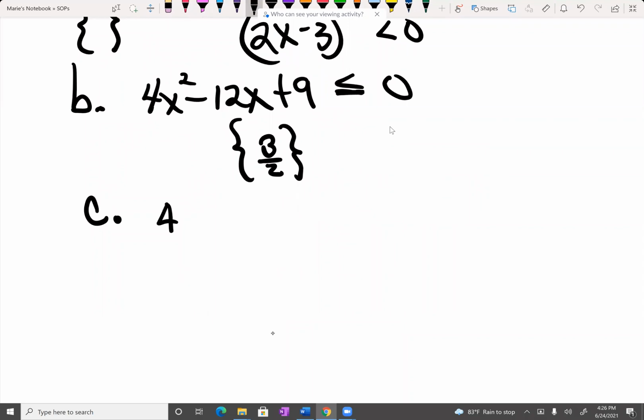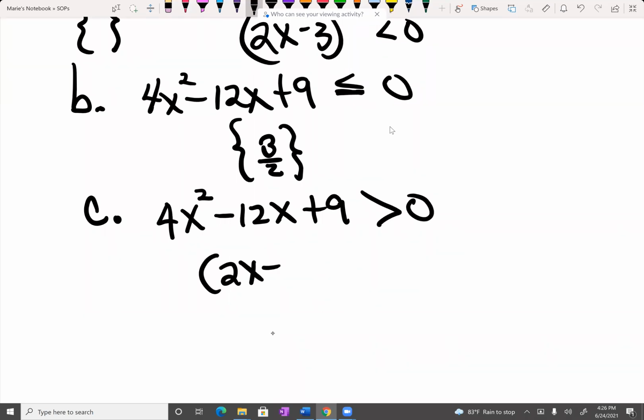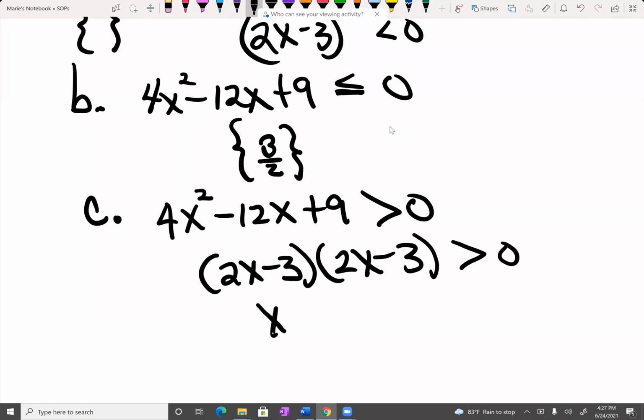Now look at this next one. It's the same function. You have 4x squared minus 12x plus 9, but this time these values are greater than 0. And so if I have 2x minus 3 squared, which is basically 2x minus 3 times 2x minus 3, and the values have to be greater than 0, then x is a value which is positive, and it is obviously greater than 0.